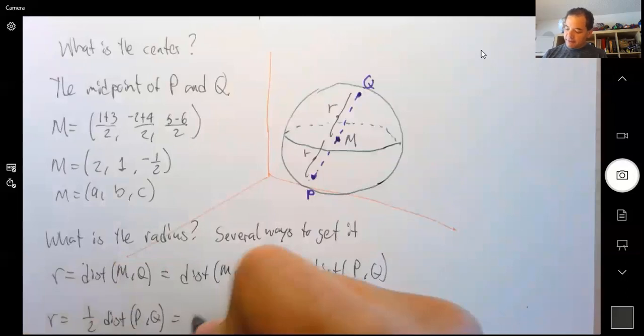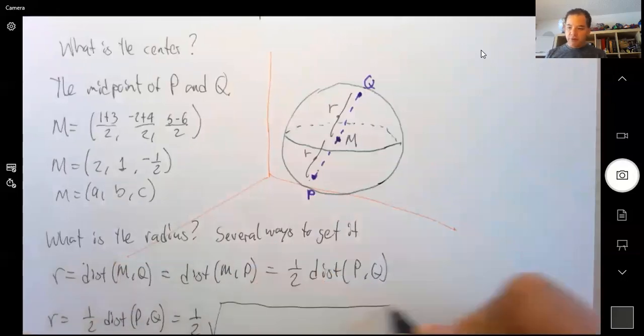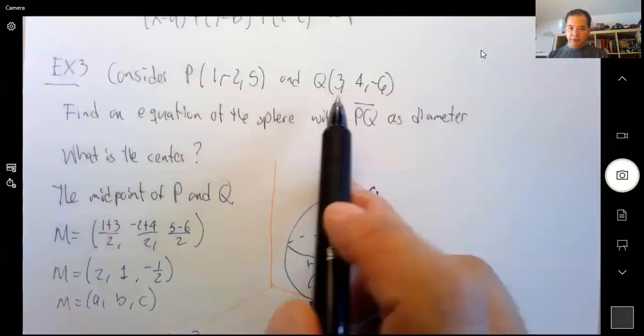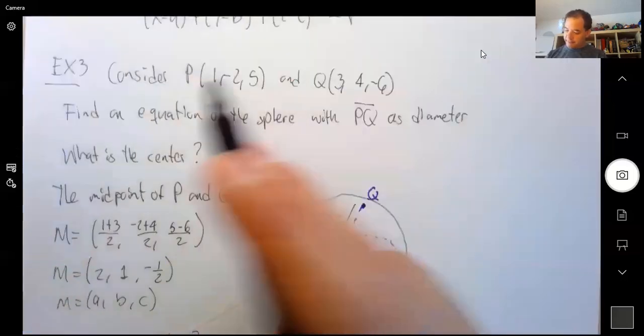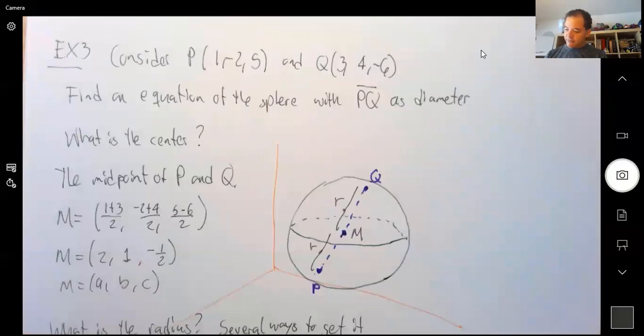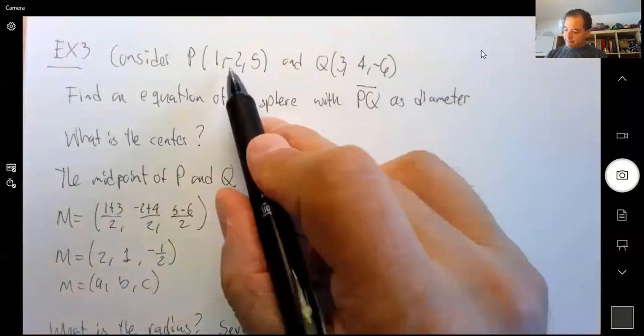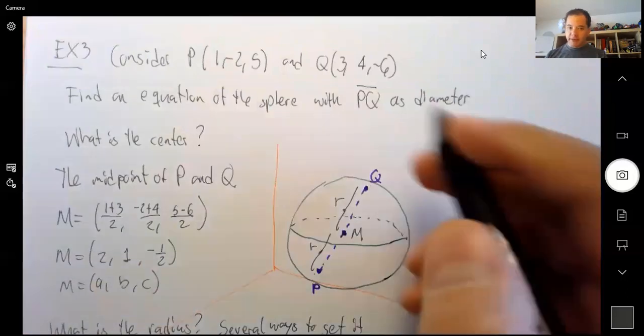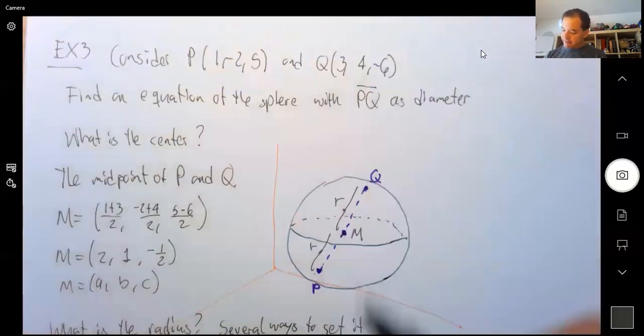The distance from P to Q is, here are my coordinates, so it would be the square root of (3 minus 1) squared plus (4 minus negative 2) squared plus (negative 6 minus 5) squared.